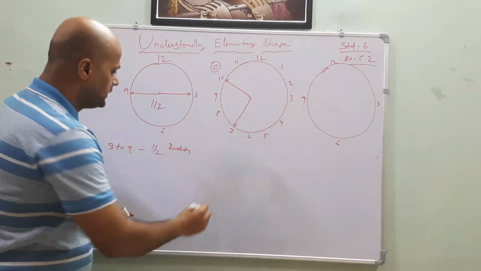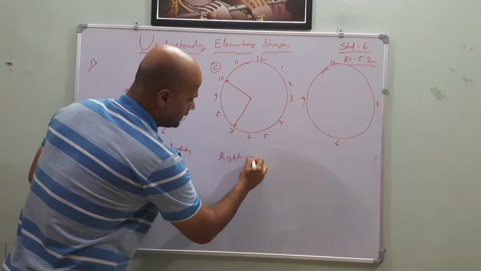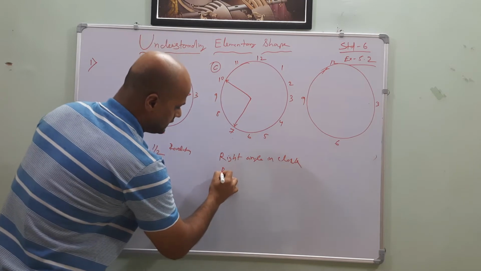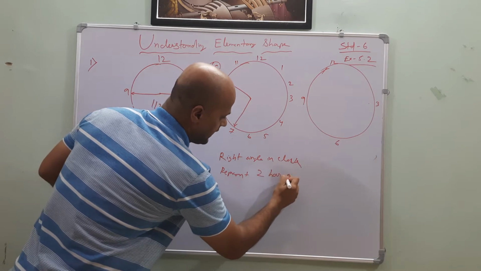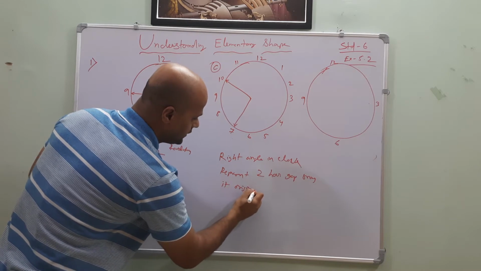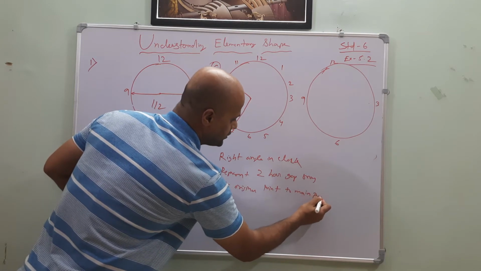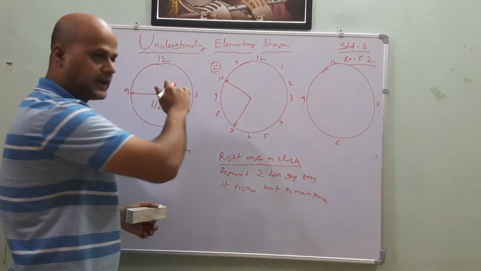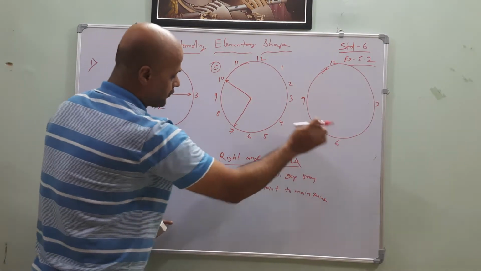No. Remember that a right angle in a clock represents a 2 hours gap from its origin to the destination point. We know that the clock forms right angles.